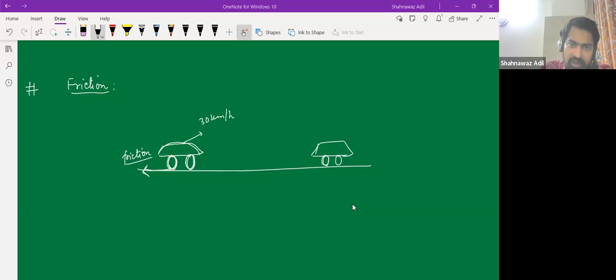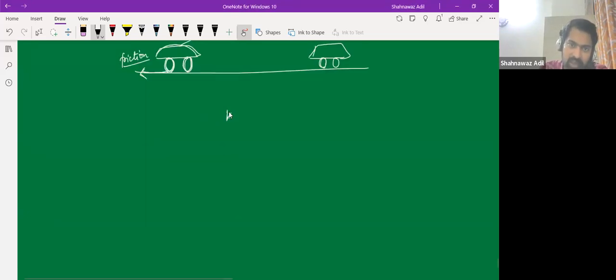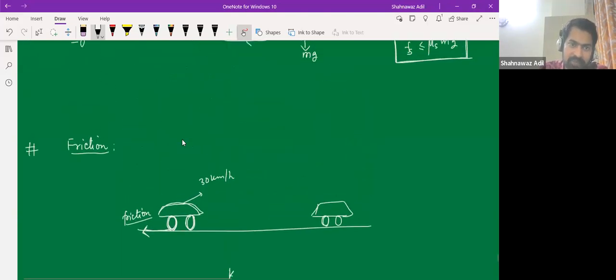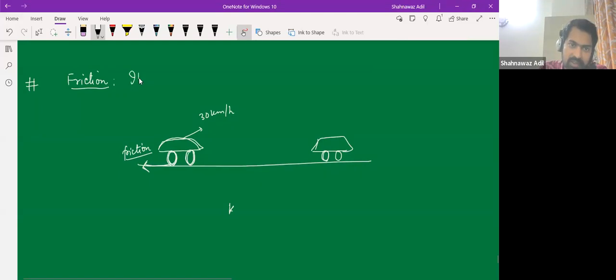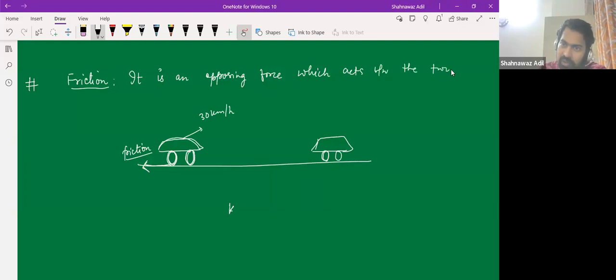Then we understood that there are two kinds of friction. First, we wrote that it is an opposing force which acts between the two surfaces in contact to oppose the relative motion.